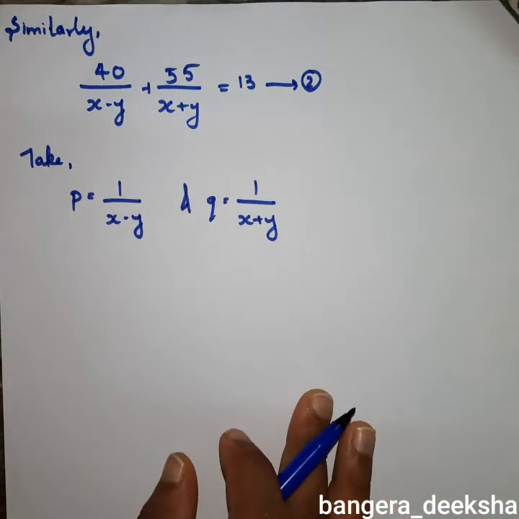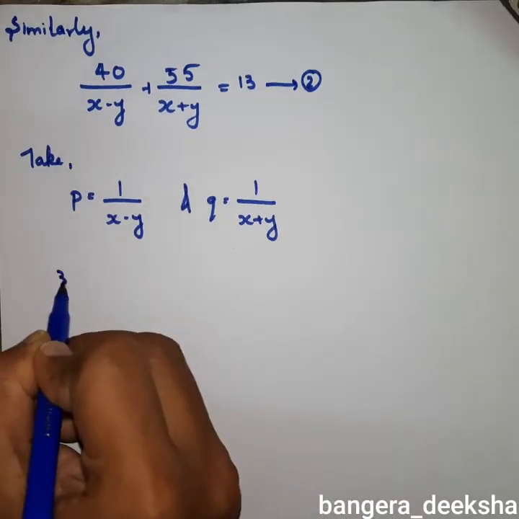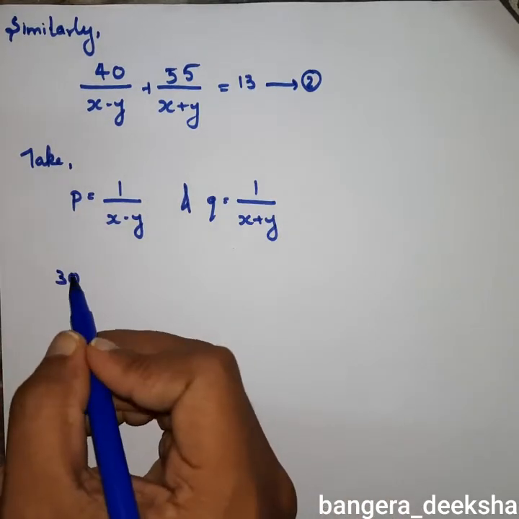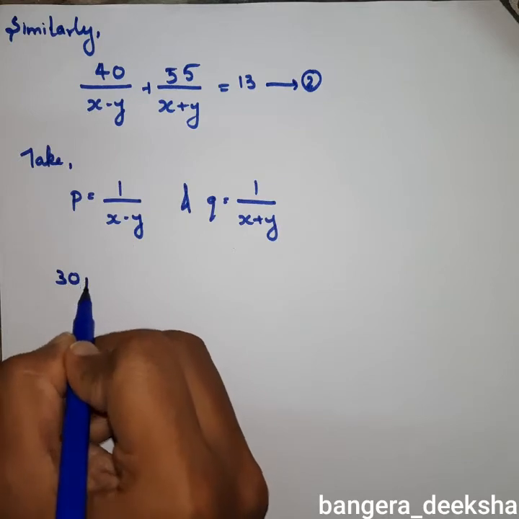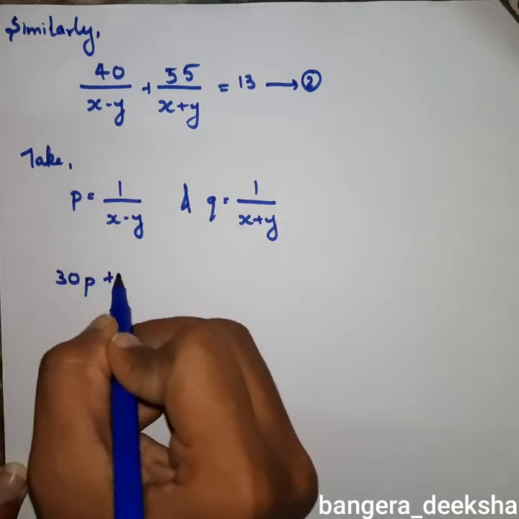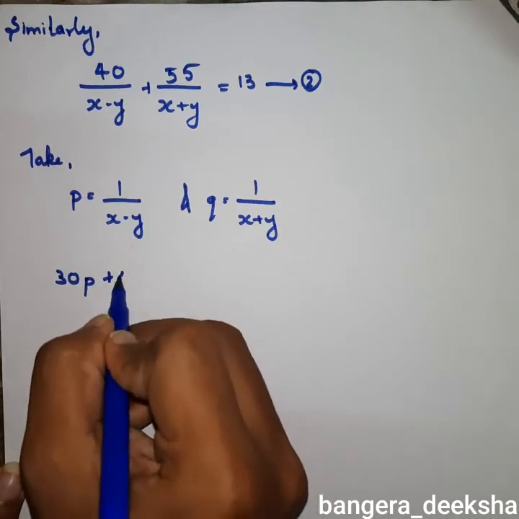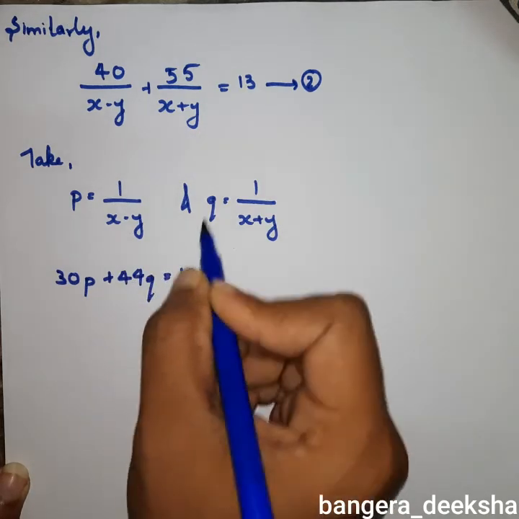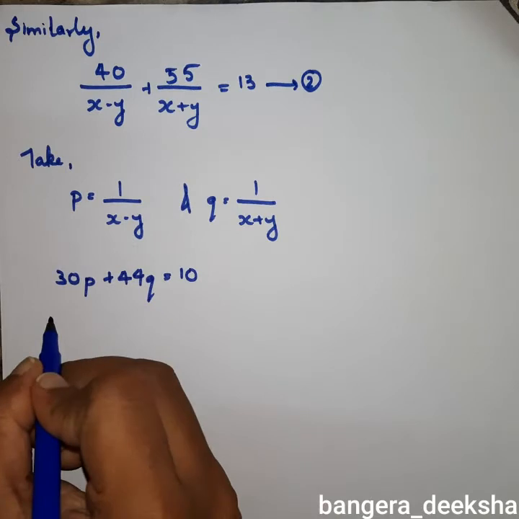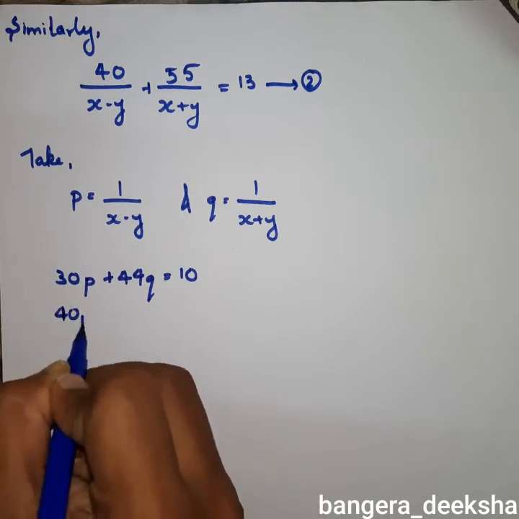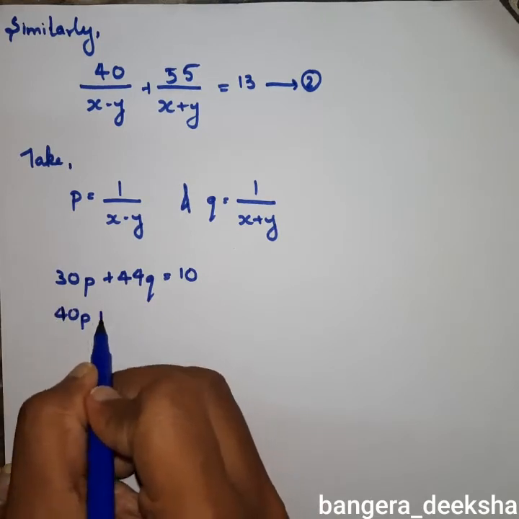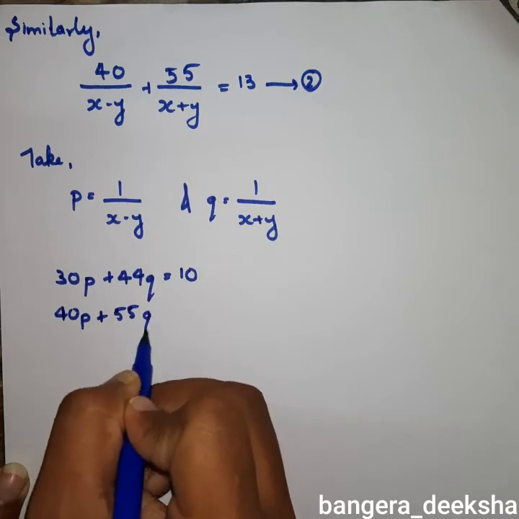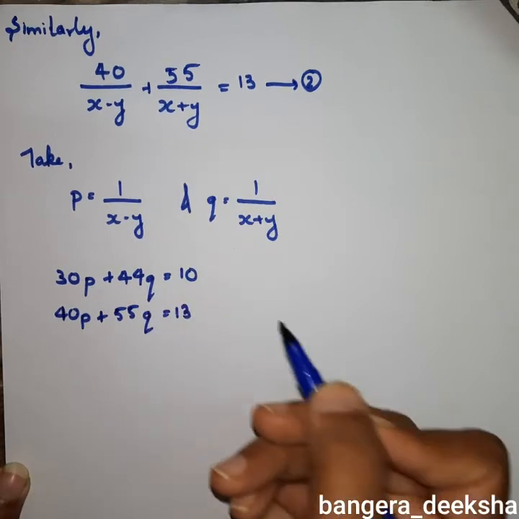So your equation 1 and 2 will lead you to 30P plus 44Q is equal to 10, and 40P plus 55Q is equal to 13.